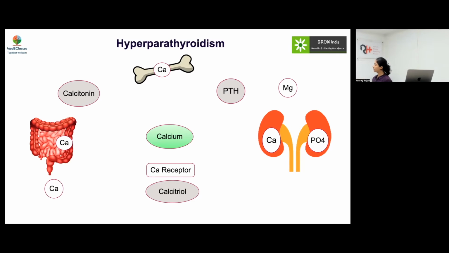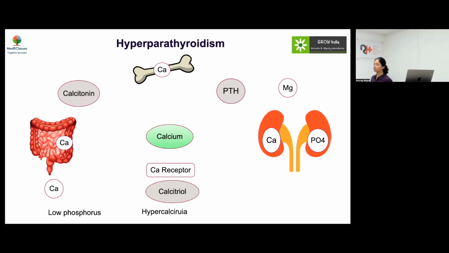At the level of the kidney, it will firstly increase the 1-alpha hydroxylase activity, which will increase calcium reabsorption from the gut, and at the same time, it will decrease calcium loss in the urine. So all these changes will result in hypercalcemia. And also PTH is responsible for phosphorus loss. So it will cause hypercalciuria with hypercalcemia with low phosphorus.